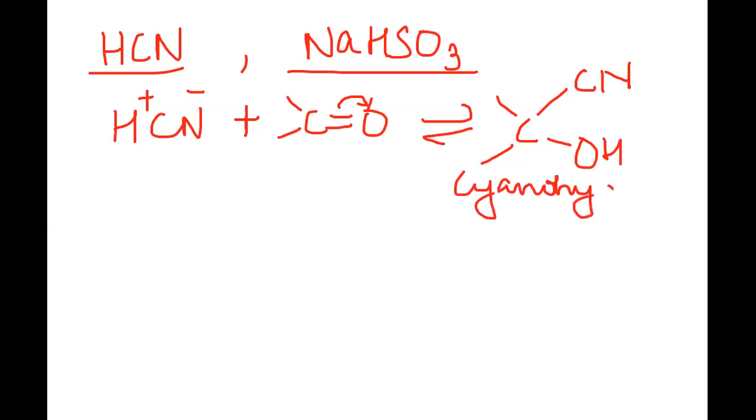Now, what is the importance of this reaction? The importance of this reaction is that you can actually add a carbon to the carbon of the carbonyl group. Why are these reactions called nucleophilic additions? Because it is the nucleophile that attacks the partially positive carbon atom of the carbonyl group. Hence, the name nucleophilic addition reactions.